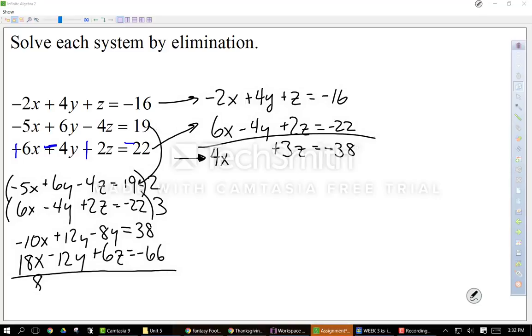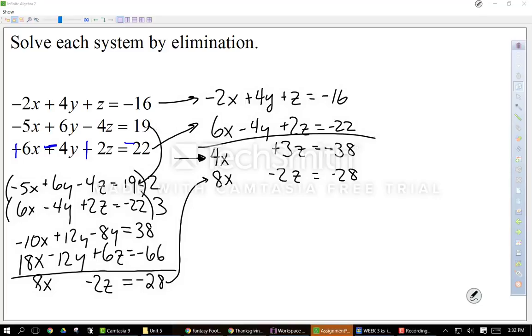I get 8x minus 2z equals negative 28. I then am going to take the equation I just got and write it underneath the equation that I had earlier. 8x minus 2z equals negative 28.